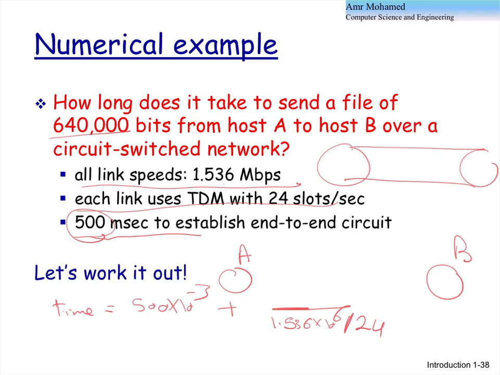Transmission time is defined as the length of the packet divided by the rate. We studied that in Network 1. So this is 640,000 divided by this. So the total time is the 500 milliseconds circuit establishment plus L over the rate.